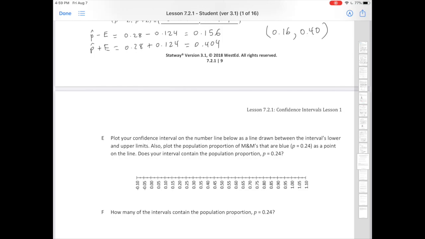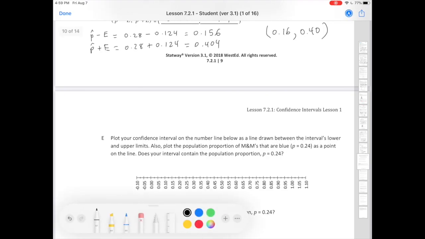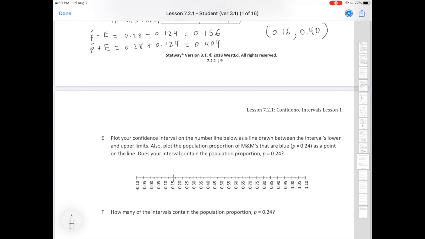Okay, so it says, plot your confidence interval on the number line below as a line drawn between the interval's lower and upper limits, and also put the 0.24 in there. Does your interval contain the population proportion? Okay, I'm going to do this in red. So I'm going to go from 0.16, which is something like right here, and that's going to go until 0.40, which is right here.